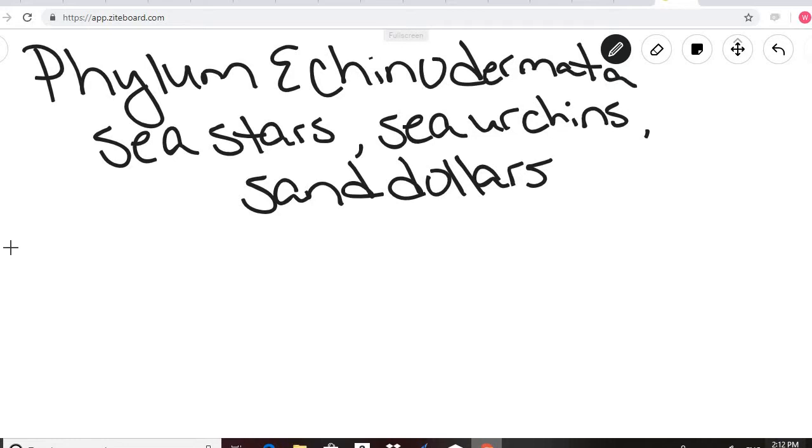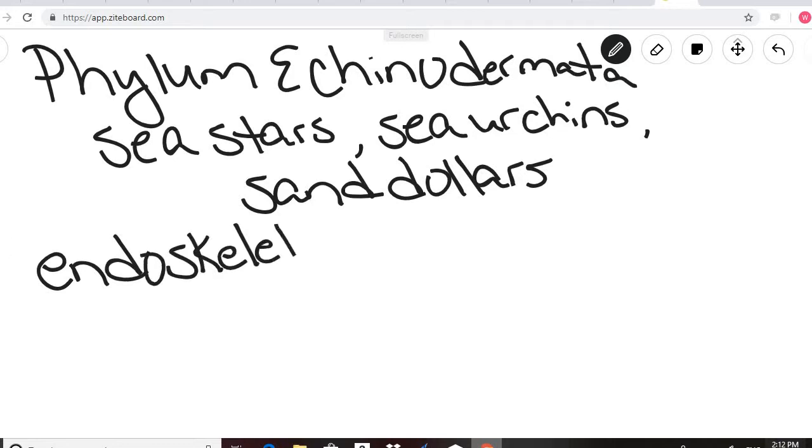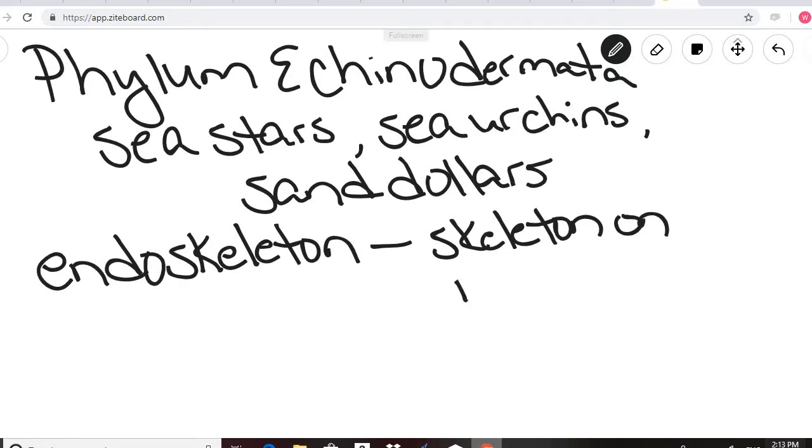So they're a little bit different from the other organisms that we've looked at so far because they have an endoskeleton. So their skeleton is on the inside, not on the outside. And so usually if you've ever found a sea urchin or a sand dollar or a sea star, they're usually hard, right?